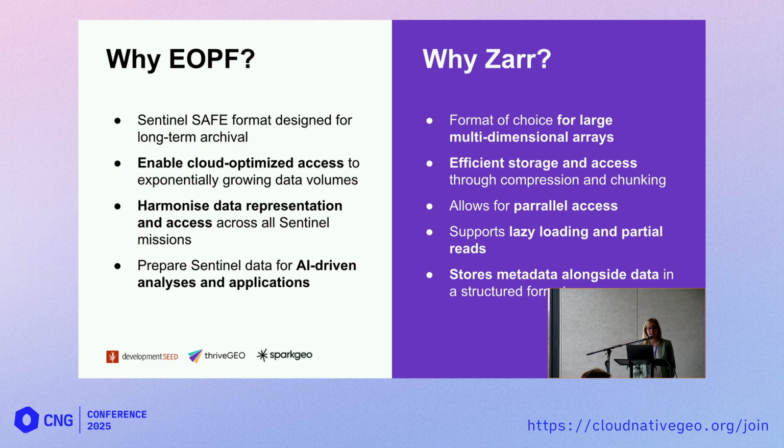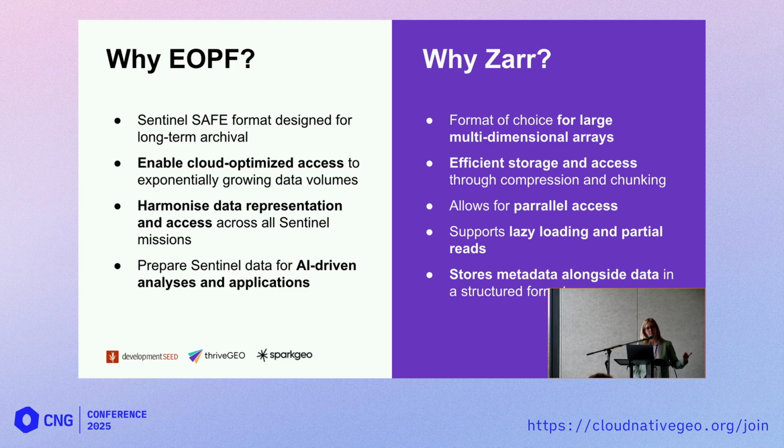Then there were a lot of discussions and decisions, strategically, to think not only about now but also about upcoming missions in the next 5 to 10 years. The data volumes are already large, and they continue to grow. How can ESA enable cloud-optimized data access? This has also been a big challenge across the different Sentinel missions, that the data representation and access has been different for each mission.